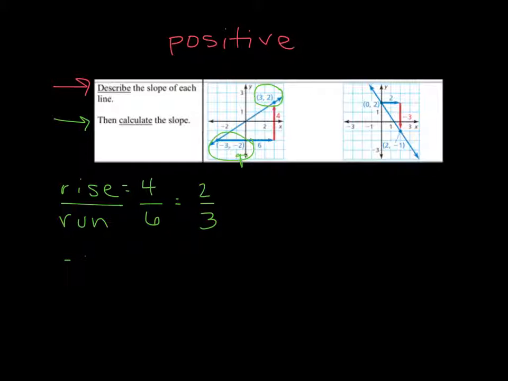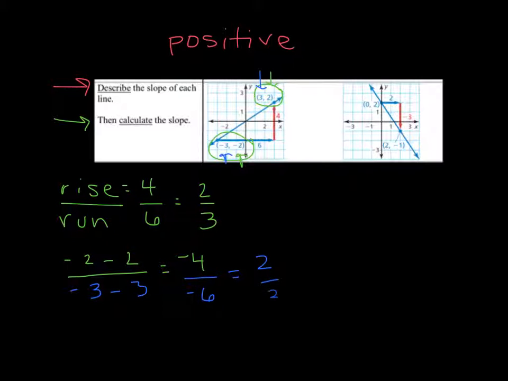So -2 minus my y1, which is +2, over my x2, which is -3, minus my x1, which is 3. So -2 minus 2 is -4, and -3 minus 3 is -6, and -4/6 still reduces to 2/3.